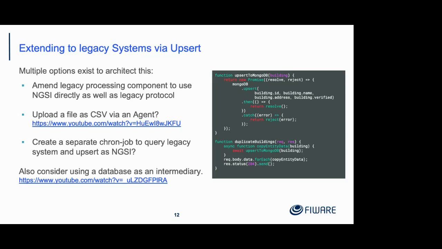Bear in mind whenever you're doing this where your barriers are, how you define the domain of each system. Obviously, this agent itself is within the domain of the legacy system because it is pushing to its context broker.